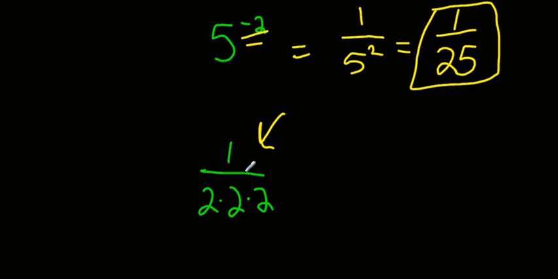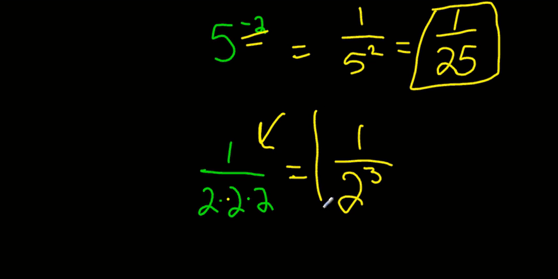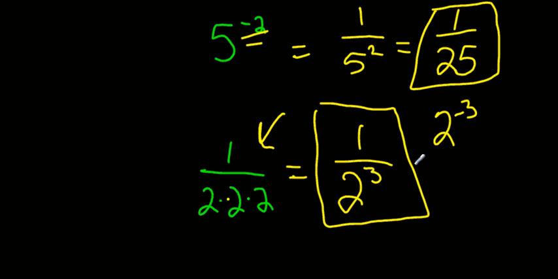So if I have 1 over 2 times 2 times 2, I can write that as 1 over 2 to the 3rd power. So that's probably simplified mathematically the most correct, but I also in my head can remember that that's the same as 2 to the negative 3rd power. So just being able to recognize the different forms and being able to pick the one that they're asking. They might ask you for the one with the negative in the exponent, or they might ask you for an exponent in fraction form. So a couple different ways to think about it.